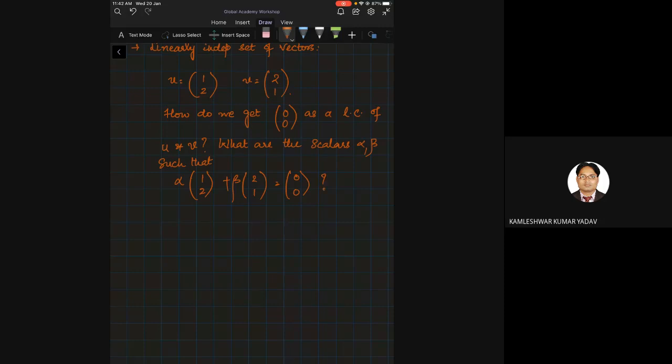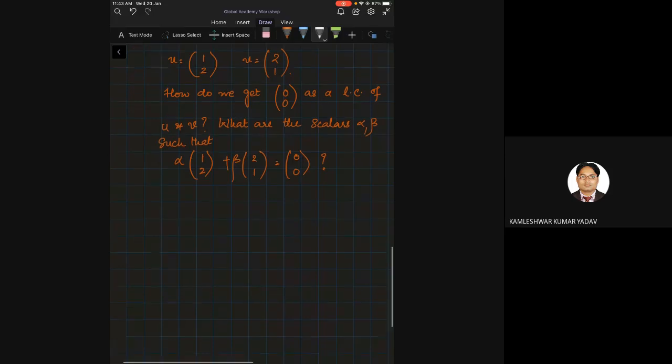Is the question clear? What do you think the scalars alpha and beta are? If the value of alpha and the value of beta is 0, then it will give (0, 0). Any other value where you will get the zero vector?